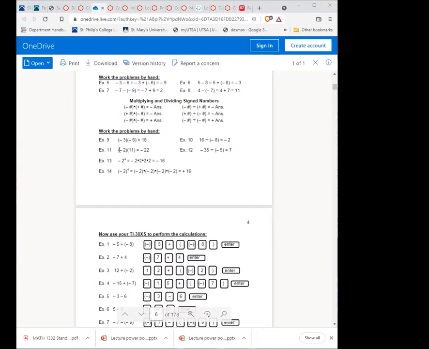Okay, so look at these guys, both negative, therefore positive, right? One is negative here, so the answer will be negative. For division, one of them is negative, so the answer will be negative. If they're both negative and you're dividing, same rule, positive. An important note is example 13.